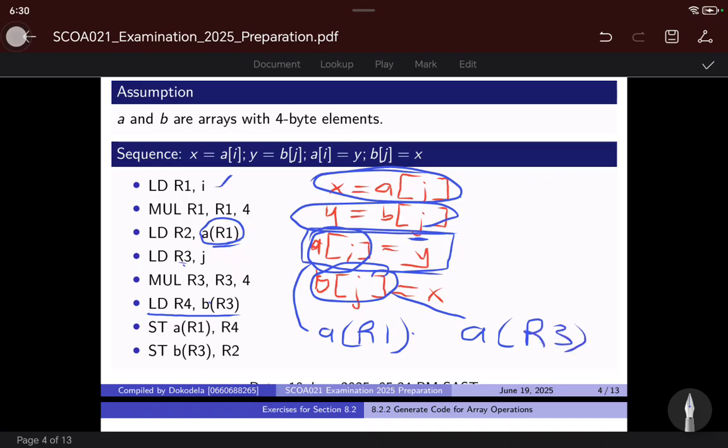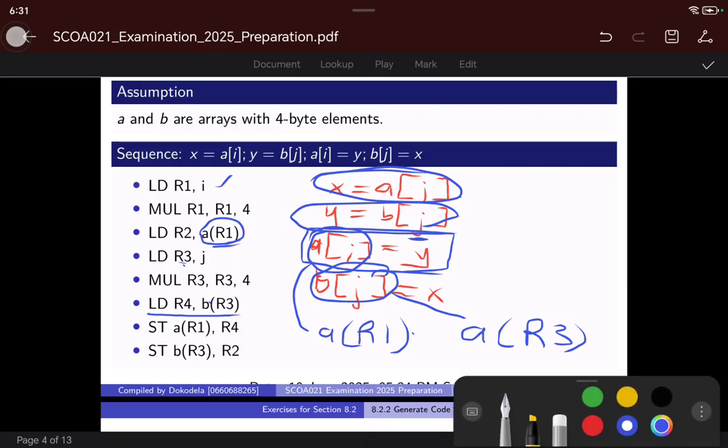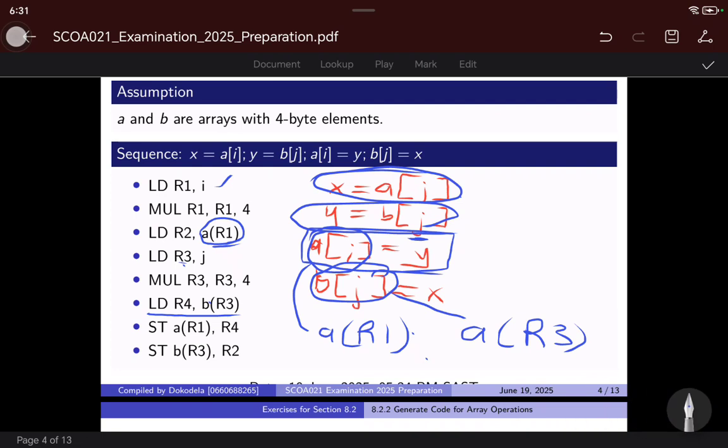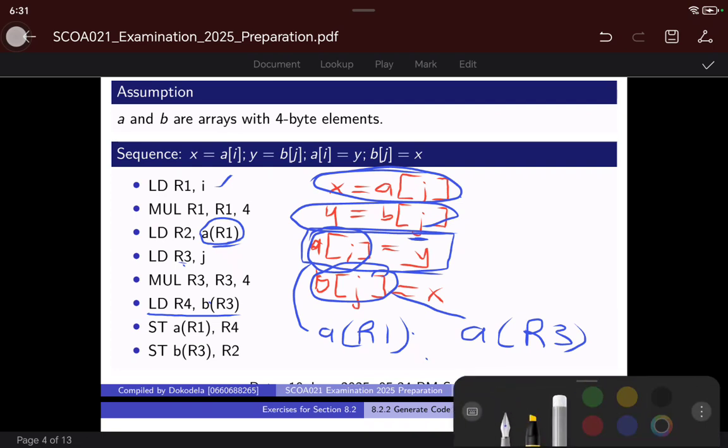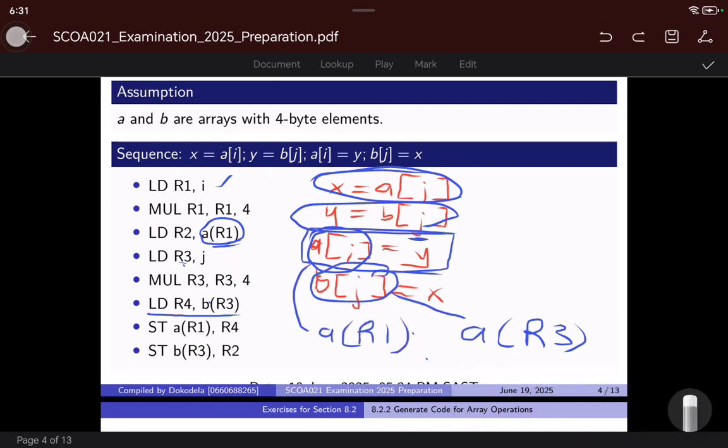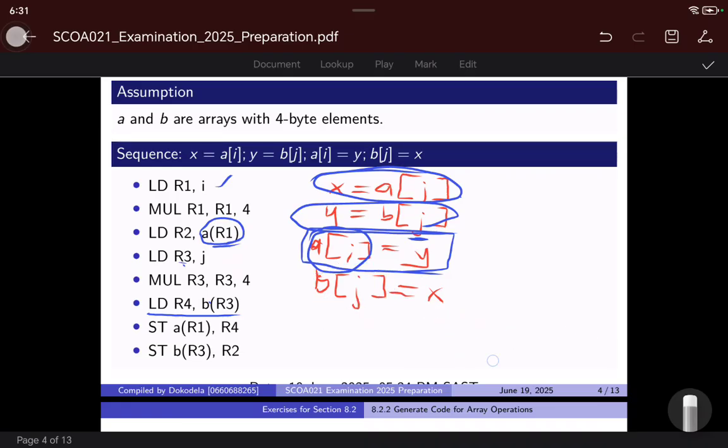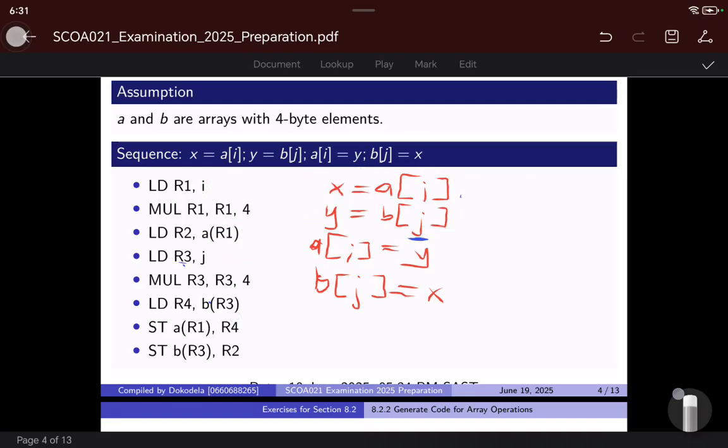So since we know what these are, I can come here and say this. Let me erase a few of these so that I can have space, so that I can write them in a manner that you're not confused. So let's write them like this here.